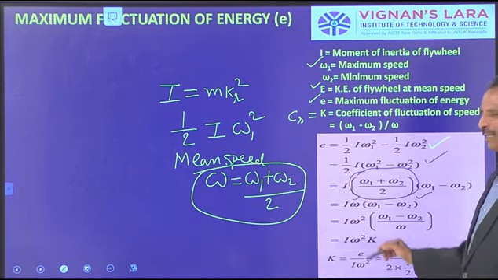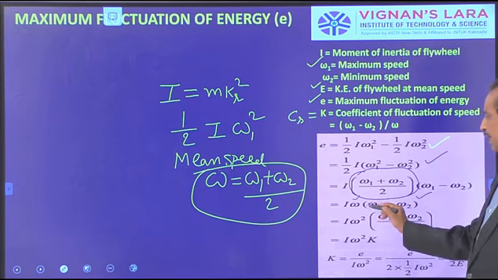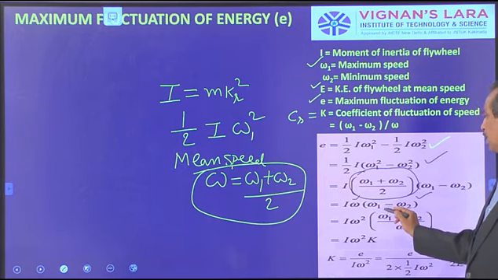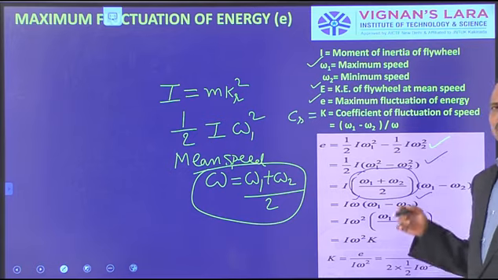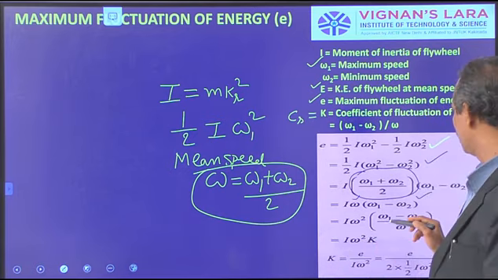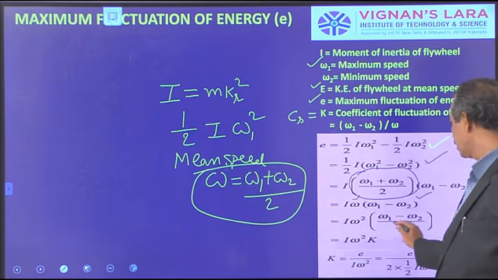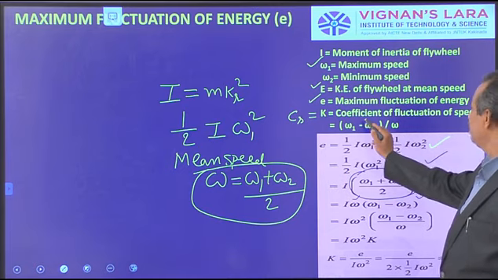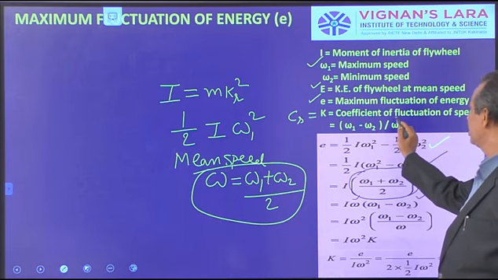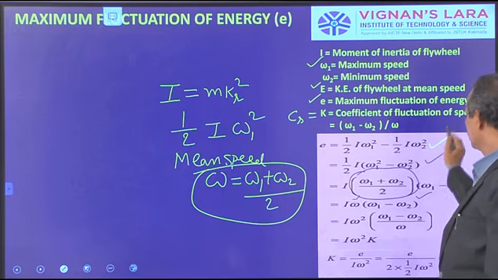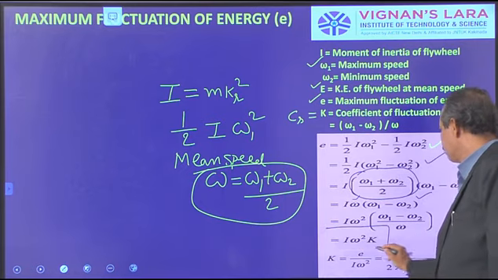For simplification, I multiply and divide by omega. If you multiply and divide by the same value, it will not change the value. So I omega square into omega 1 minus omega 2 by omega. What we defined as omega 1 minus omega 2 by omega is k, the coefficient of fluctuation of speed.